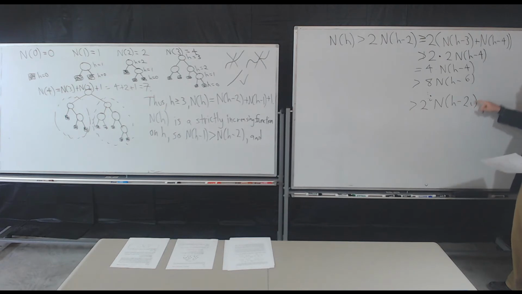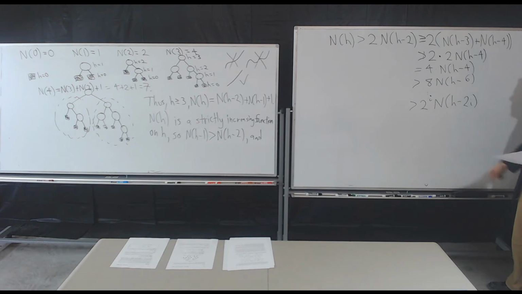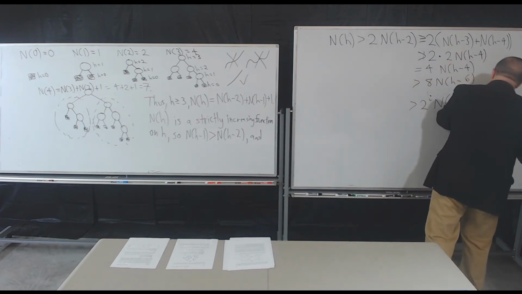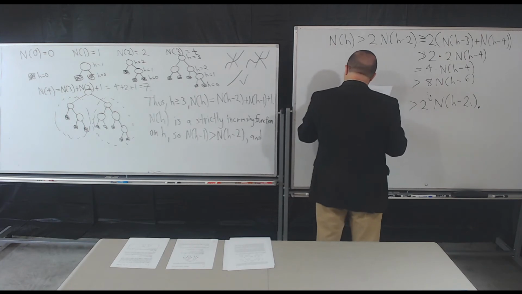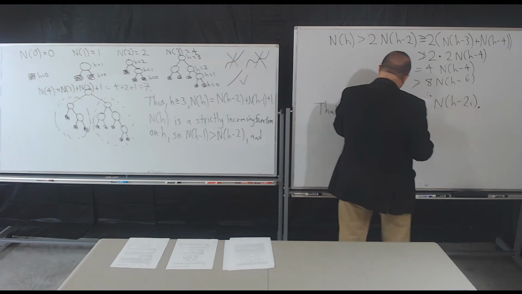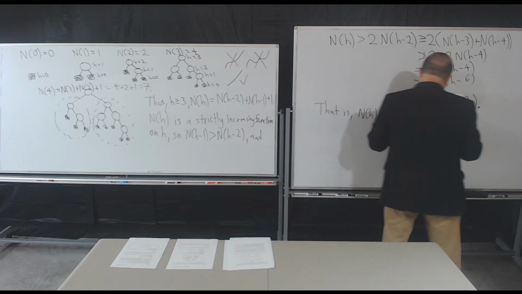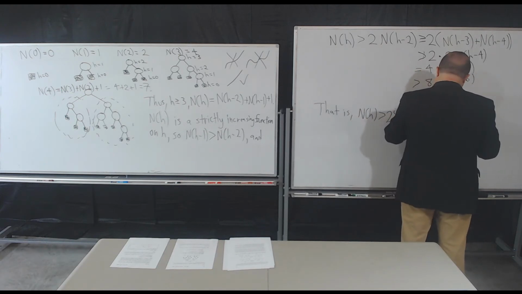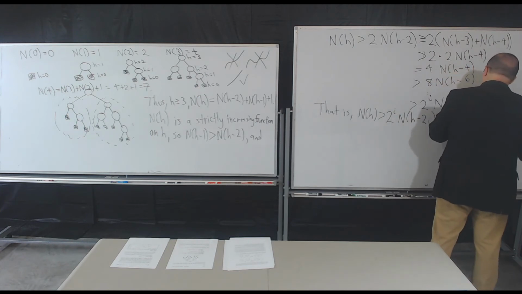Does everybody see that? It's going down by multiples of 2, it's going up by powers of 2 in the multiplicative factor. So this gives me a nice inequality. Does everybody see that? That is, n of h is strictly bigger than 2 to the i times n of h minus 2i for any integer i.